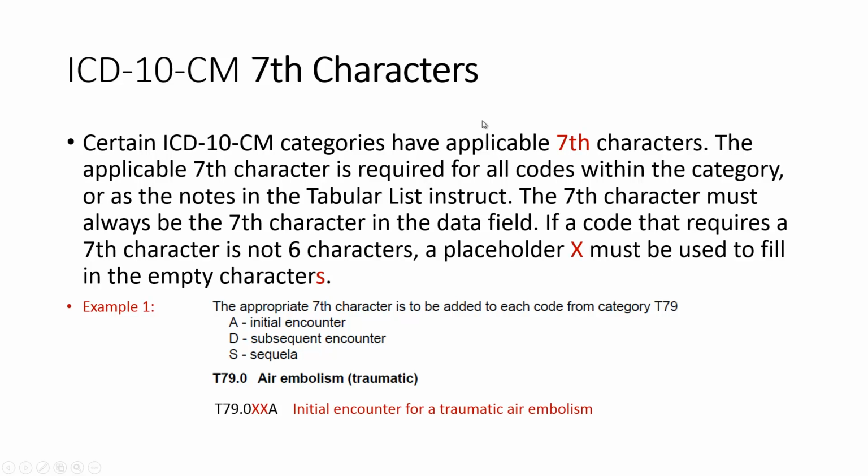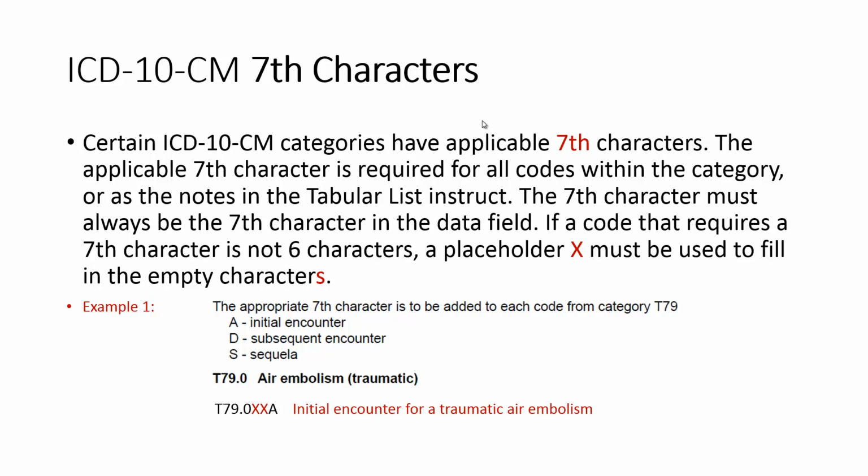We went through the ICD-10 seventh character, but there's also something called a placeholder. A seventh character will always be a seventh character. So if you have a code that is 4 characters, and that specific code requires a seventh character extension, then you put a placeholder X until you get to the seventh extension.